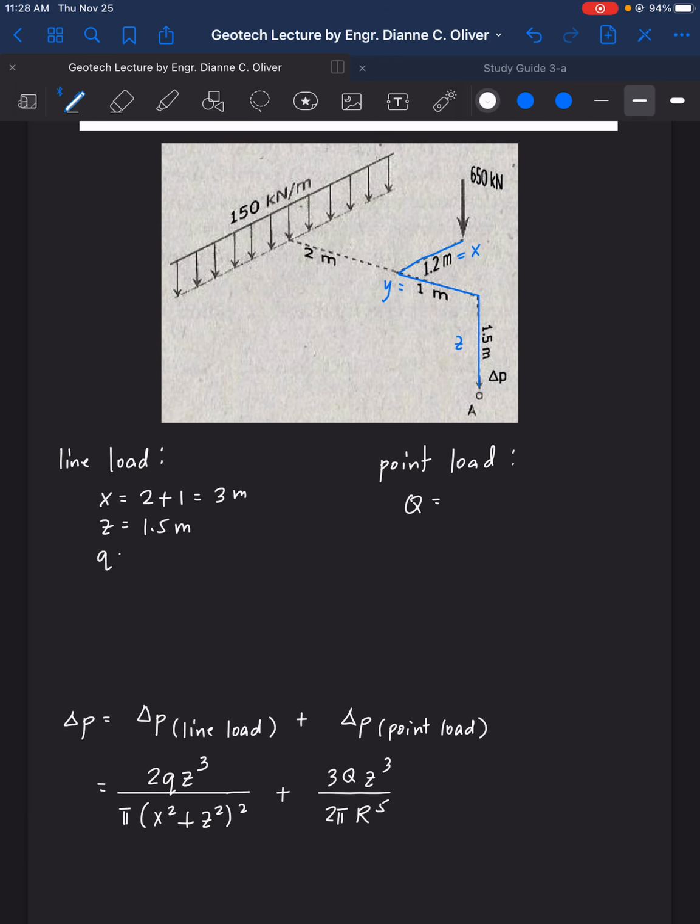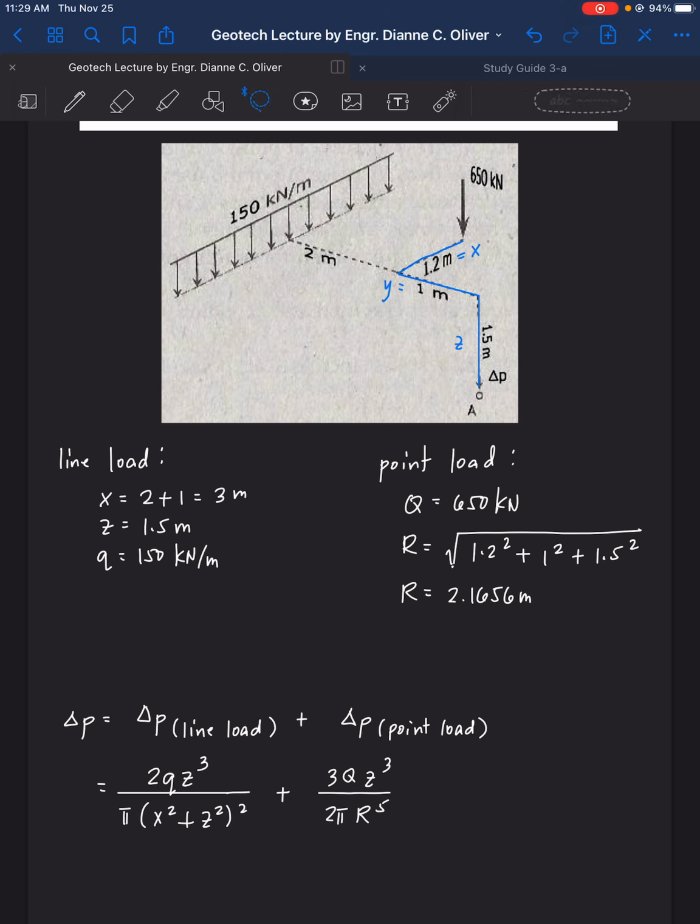So small q here is 150 kilonewton per meter. Big Q is 650 kilonewton. And then we have here the R, the square root of 1.2 squared plus 1 squared plus 1.5 squared. R is equal to 2.1656 meters.